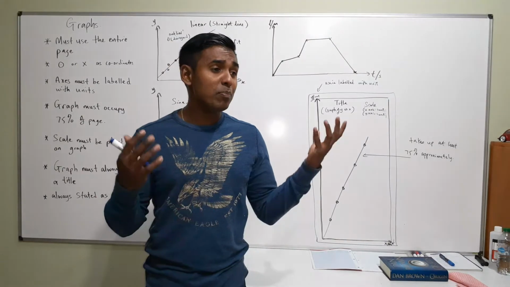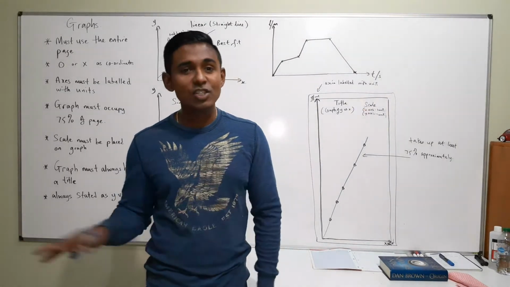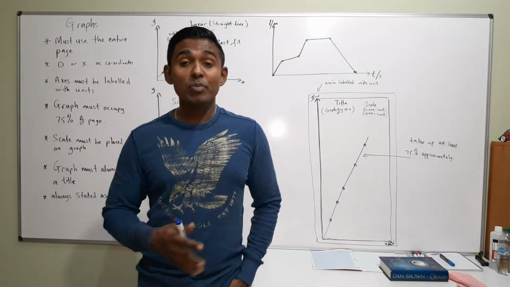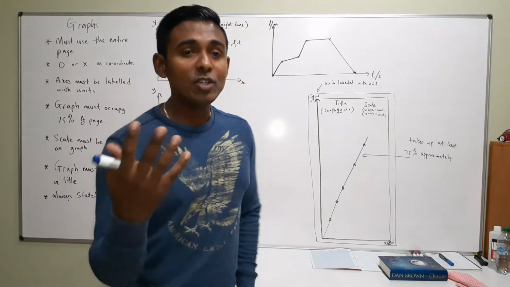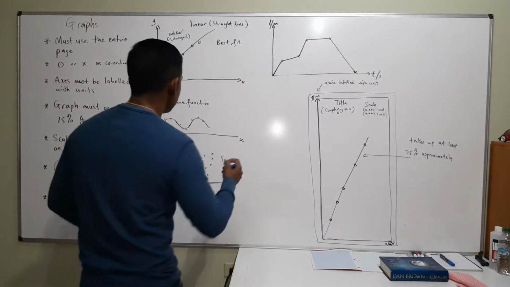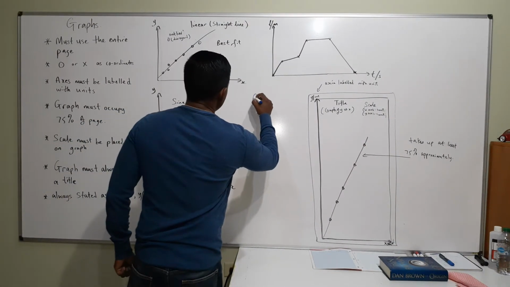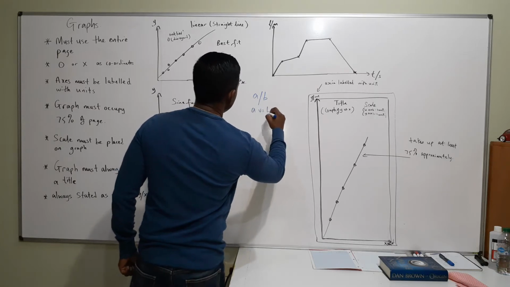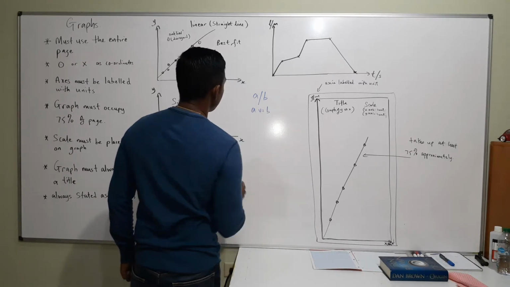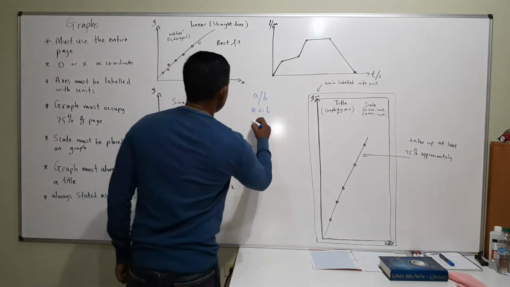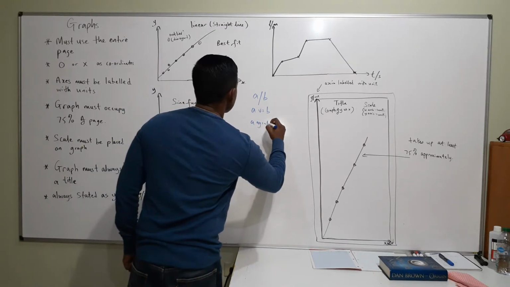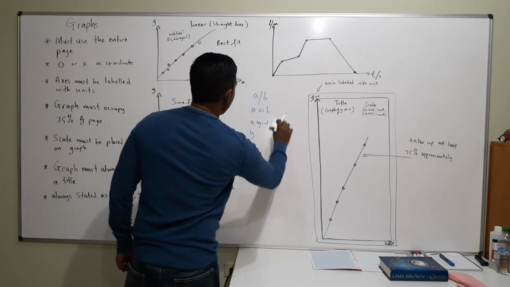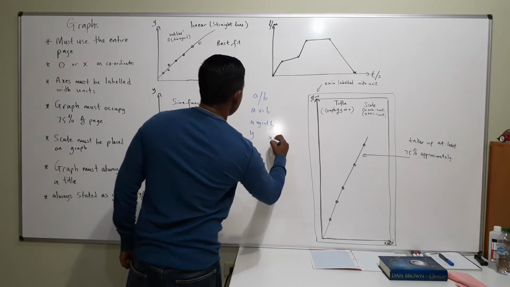If I say plot a graph of apples versus oranges, apples will be on the y, and oranges will be on the x. Usually you may see it stated as A versus B, or sometimes A against B, but that just means A is on the y and B is on the x.